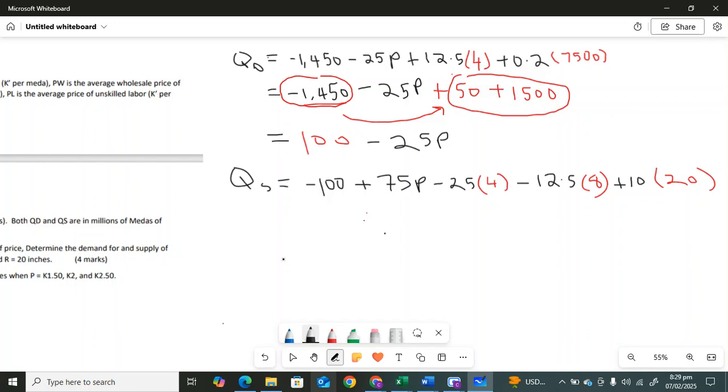So 25 times 4, I know that is 100. 12.5 times 8, plus 200 here.